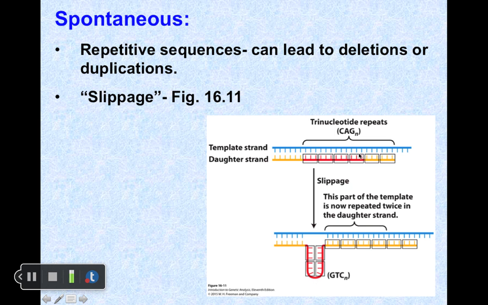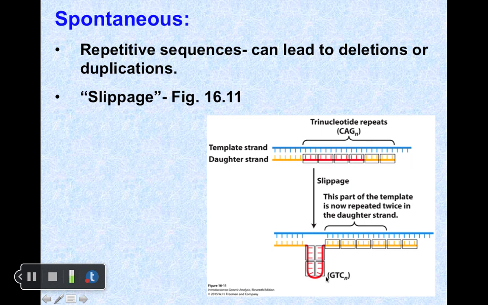What can happen when we have these repeated sequences is that DNA polymerase can essentially sort of lose track of where it's at, if you will. So it can produce some complementary bases and then sort of slip and go back to where it was a few moments ago and repeat, rejoin, repeat, creating complementary DNA bases until it's finished doing its job.